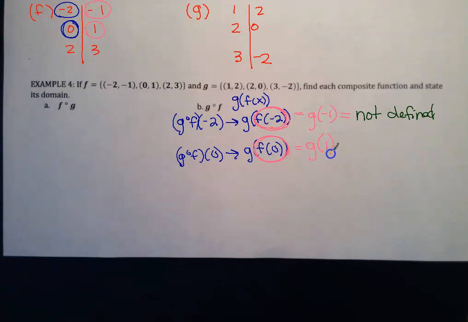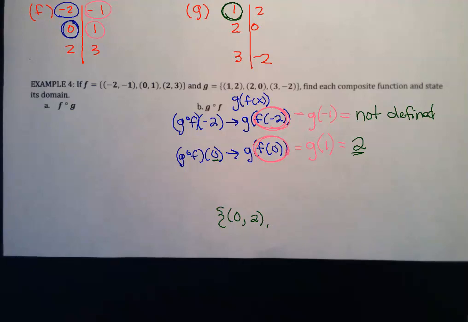So it's g of 1. Now I'm looking at my g function, when x is 1. What is g of x when x is 1? Ethan? 2. So this equals 2. So if I was making my final answer, this would be my first ordered pair, right? I had 0 as my starting x, and 2 is my final pair.